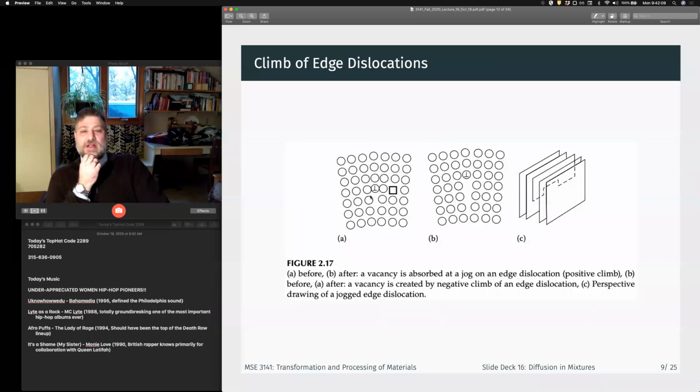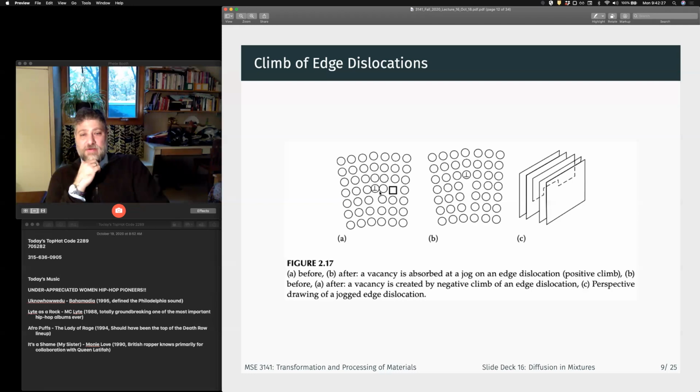So if this is an edge dislocation, and I put a shear stress on it, this edge dislocation can either move to the left or the right, depending on the shear direction.